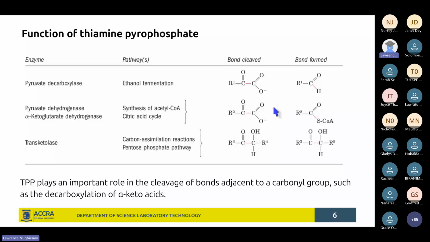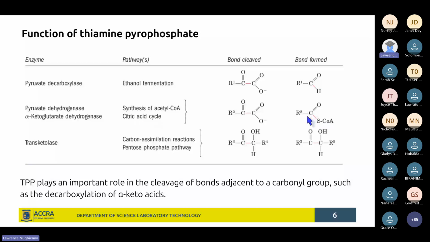And in place of the hydrogen, which you see in that first reaction where you have an aldehyde formed, this time around, the coenzyme A binds. So that is where you are having a formation of the acetyl-CoA. And you also see that it says the alpha ketoglutarate dehydrogenase is acting in the citric acid cycle. Of course, this acetyl-CoA goes into the TCA cycle.